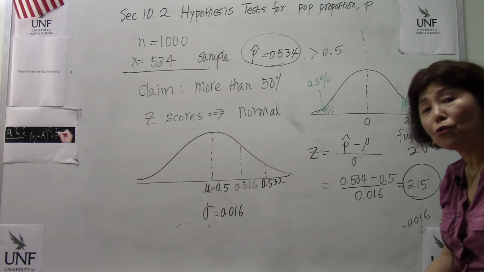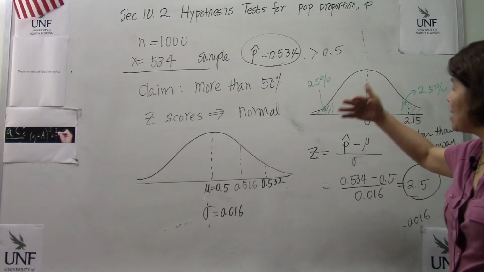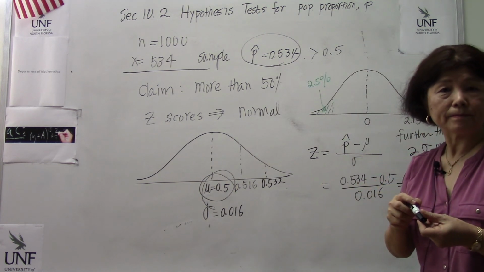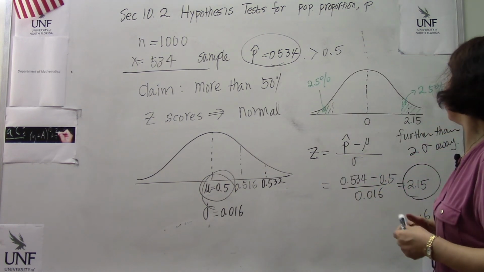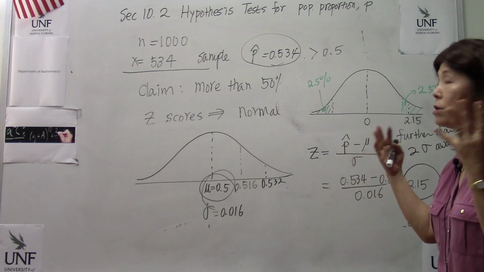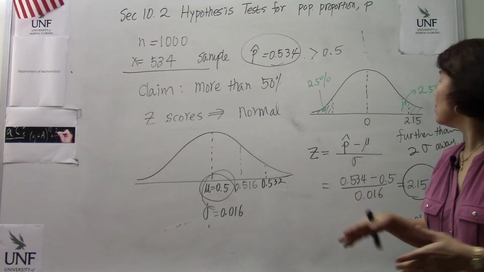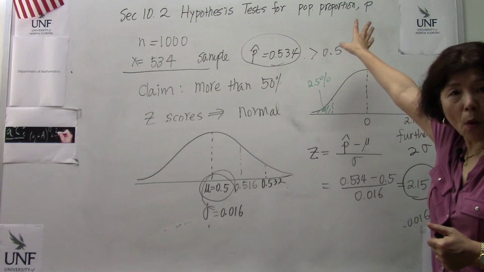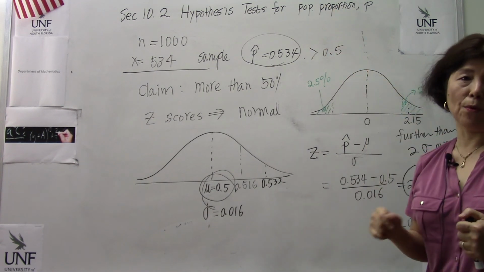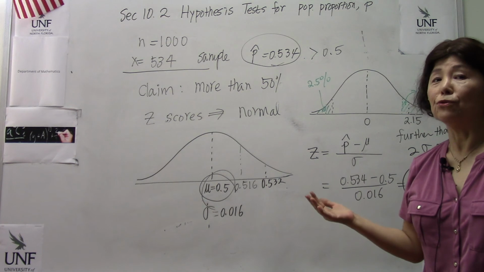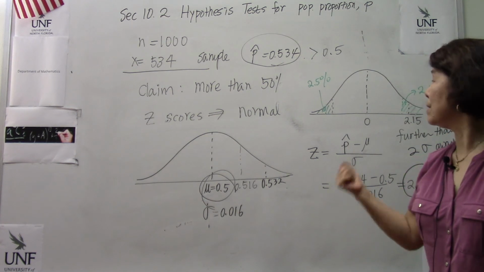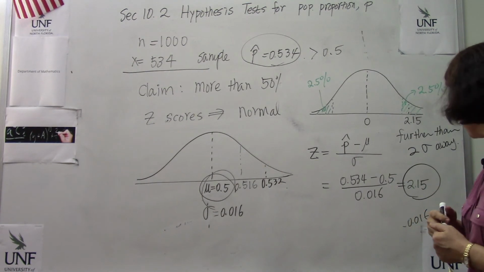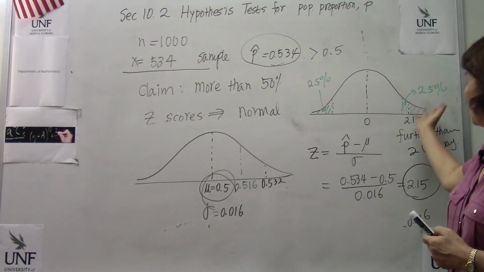Why is this unusual? Because we set up everything based on the old data. Therefore, what is a logical way to say it? That means the old data is not true anymore. So we do reject H naught. That's the case. This is just philosophically.